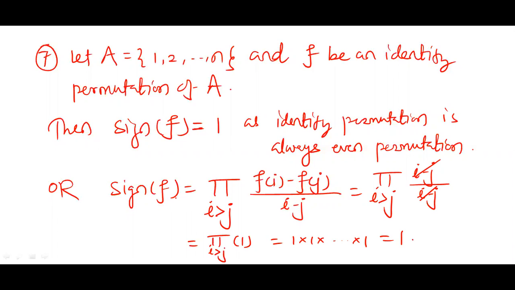Therefore the signature of the identity permutation is always 1.